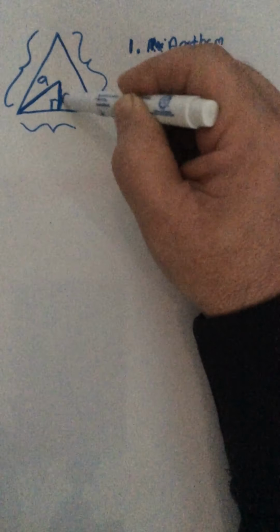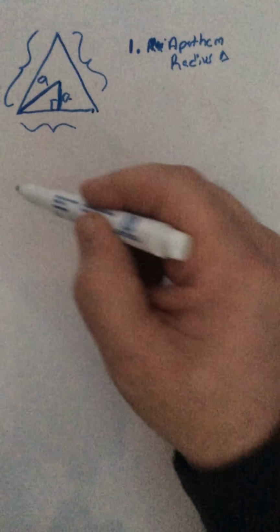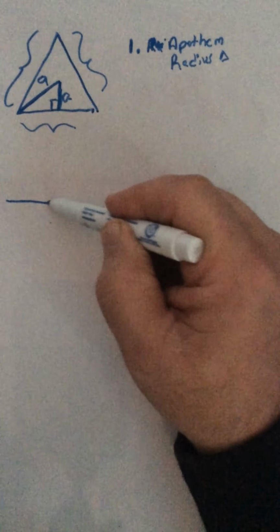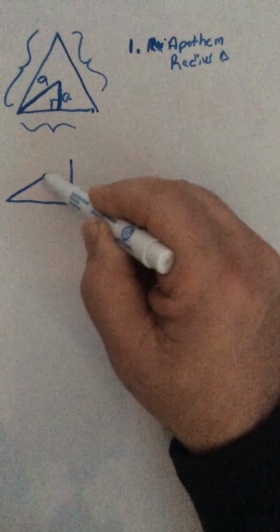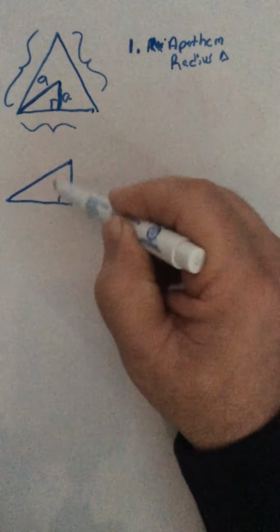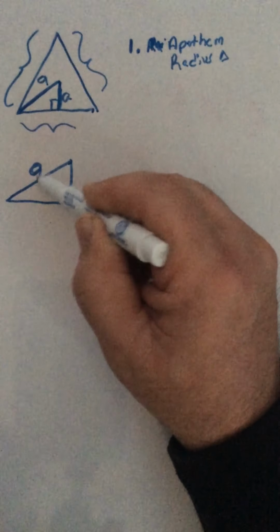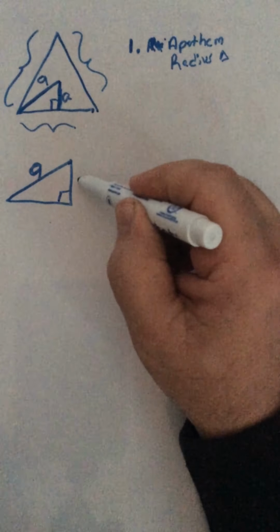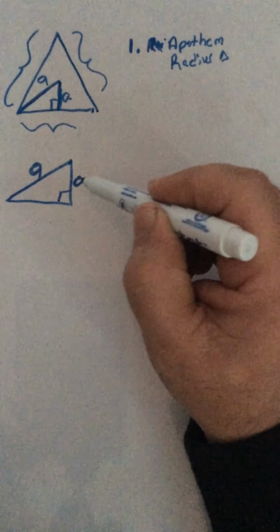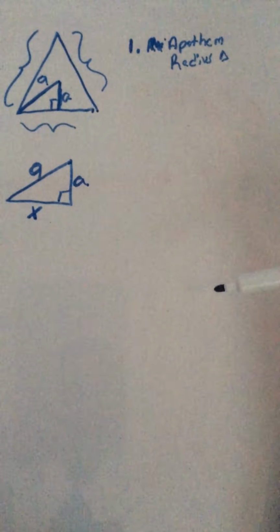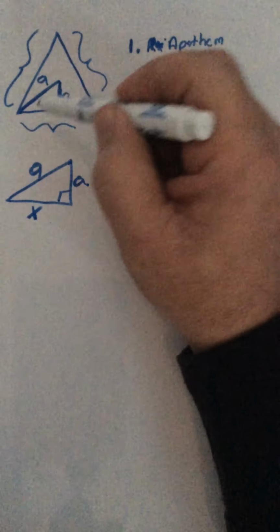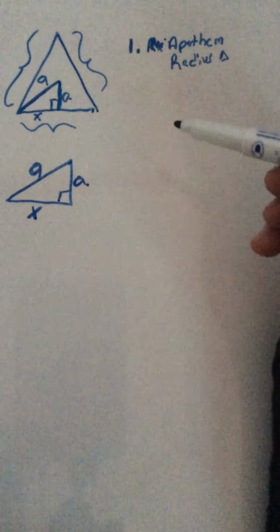We know that's that. So we have created a right triangle that we have this radius is 9. The apothem I don't know. And this half of the side I don't know yet either. That would be this X right here.